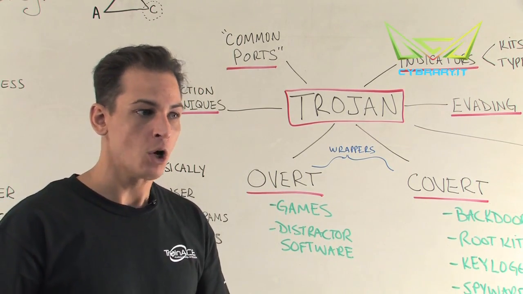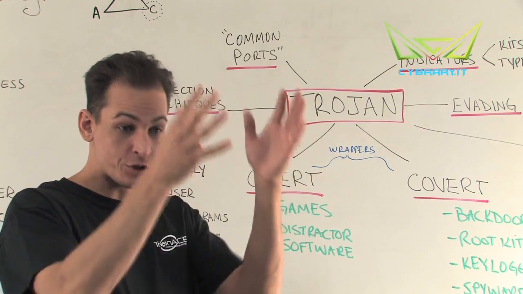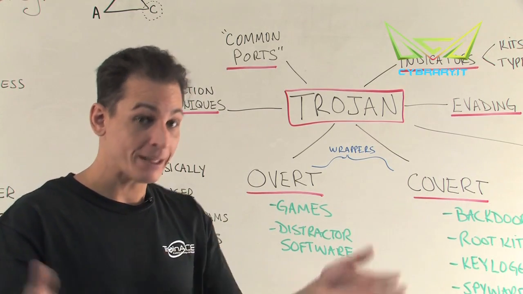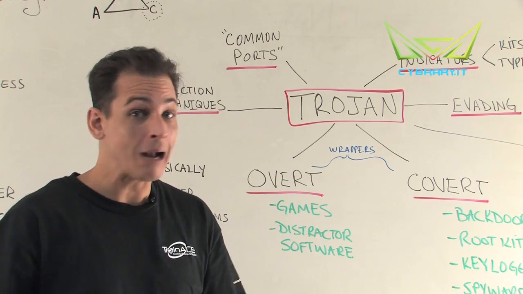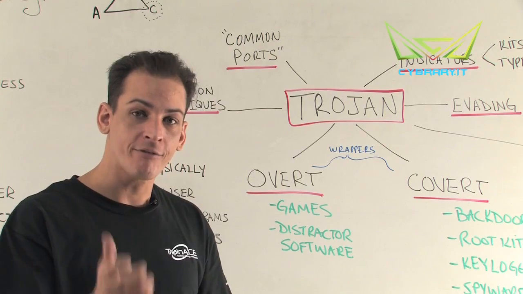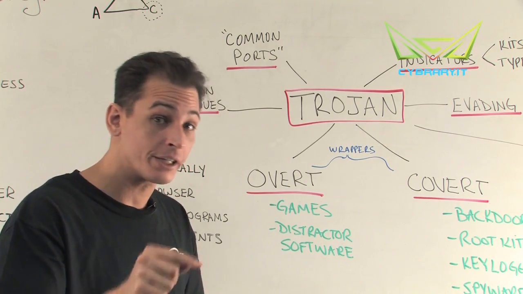For example, go to the news and find a major story, and then say, major news story, photos of this. Okay? And then when you replicate that Trojan out there, somebody's going to say, well, I want to see the photos, or I want to see the video, or I want to hear the audio. But you have to name that file something that is going to lure the user to actually click on this.